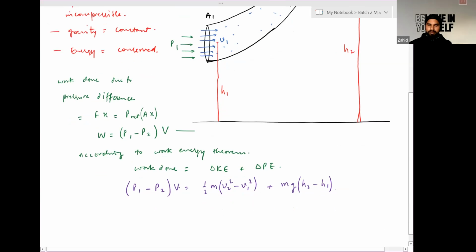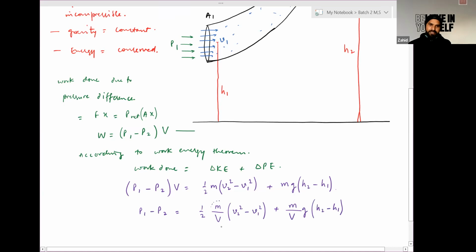Now move this volume to the right side. So it will become P1 minus P2 equals half mass divided by volume times (V2 square minus V1 square), plus mass divided by volume times gravity (H2 minus H1).